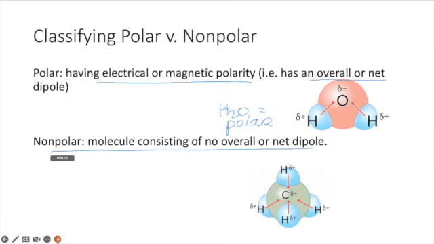Nonpolar molecules have no overall or net dipole. A good example of this is CH4. When you're looking at this specific diagram, it might be a little confusing, but you have to remember this is 3D, right?